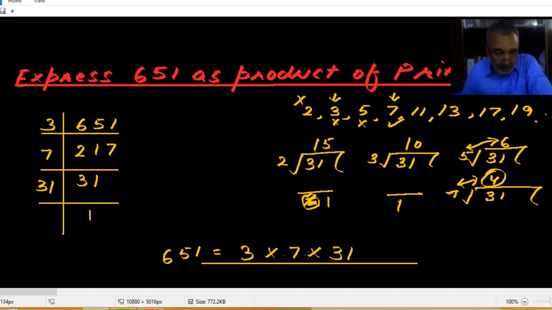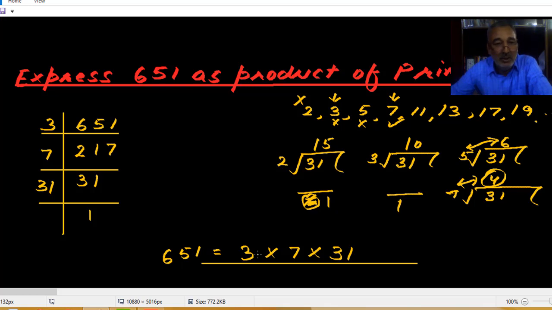Have you learned this process? How to learn? It needs practice. Take many more numbers from your book or from somewhere else, or think yourself and try it out yourself.